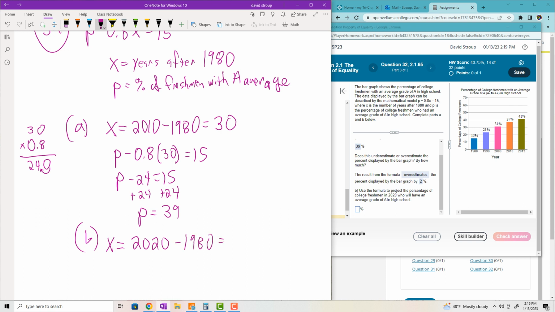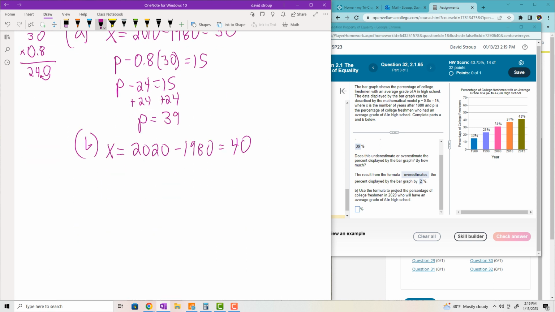That will be just 10 more years, so that's 40. And then I'm going to plug it into my formula, and I can get a guess. It may or may not be correct, but it's better than nothing. You always want to have at least some strategy when you go out and do things, unless you have millions of tries. But if you have a finite number of guesses, you want to have some sort of strategy.